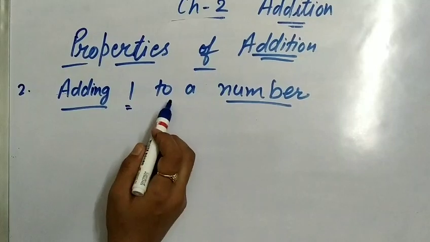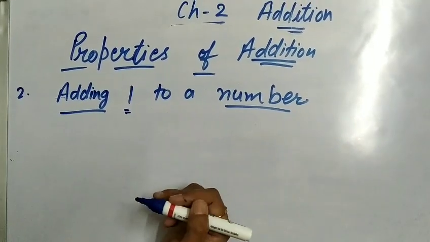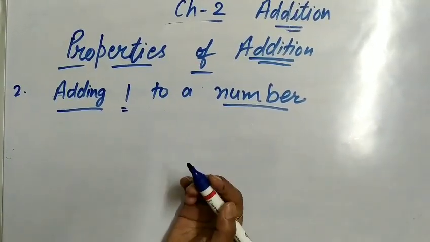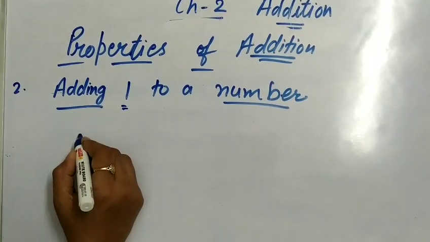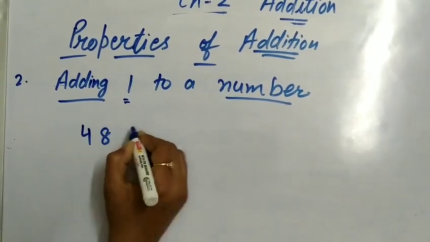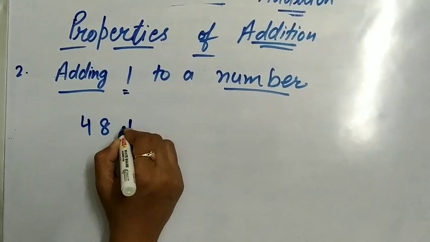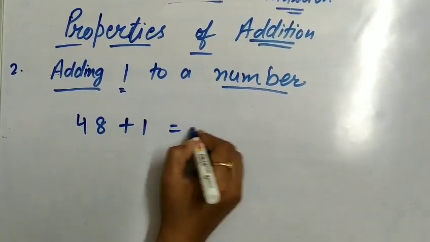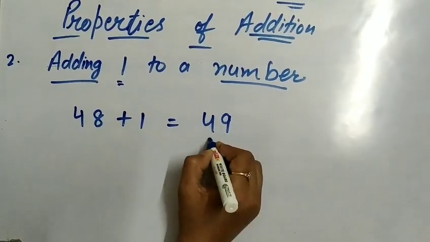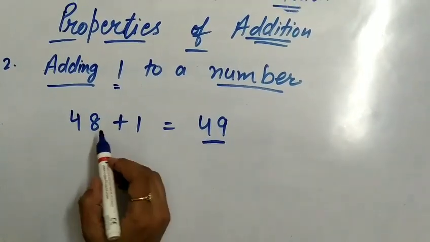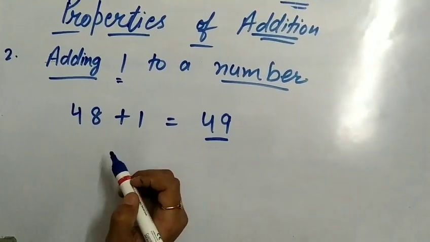See the second property, adding 1 to a number, we will get the successor of the number. See how? Suppose the number is 48. When we add 1 to 48, we will get 49. And what is 49? It is the successor of the number 48.